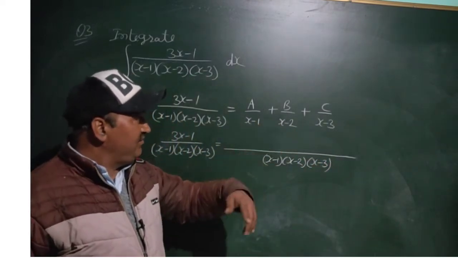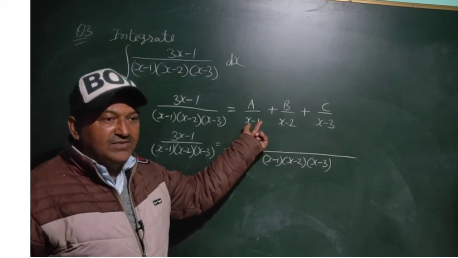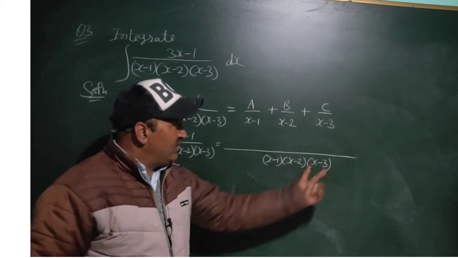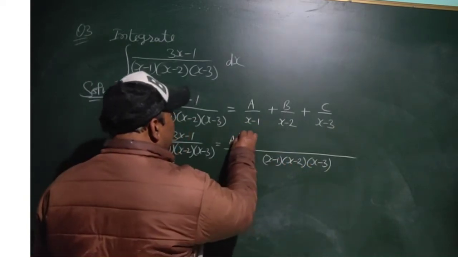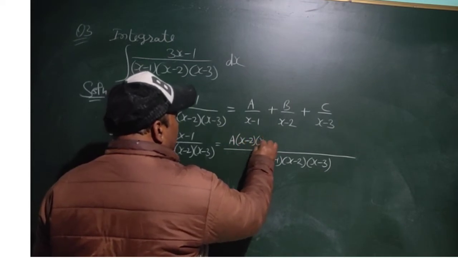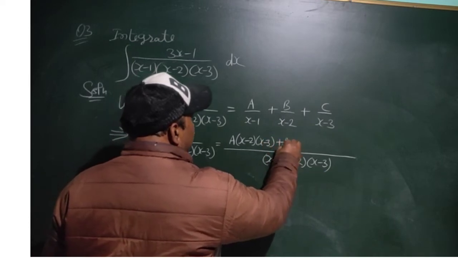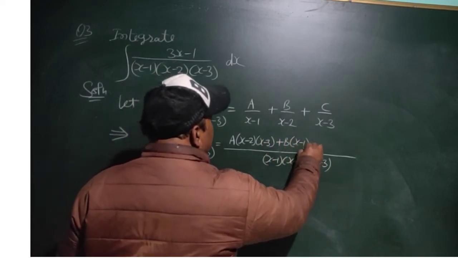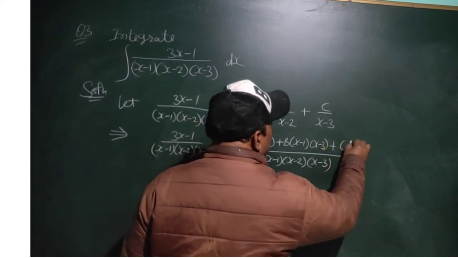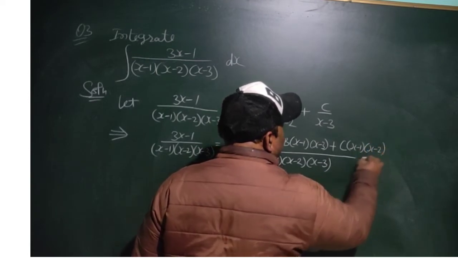After taking LCM, dividing LCM by the denominator of the first term, we get (x minus 2)(x minus 3) and multiplying it by capital A. Similarly, plus B into (x minus 1)(x minus 3) plus C into (x minus 1)(x minus 2).